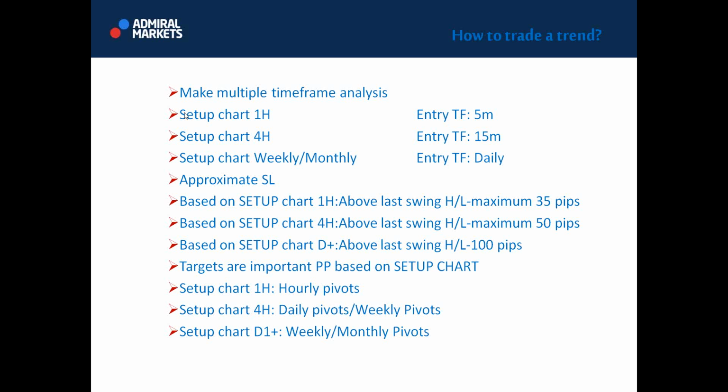And I use, of course, hourly pivot points plus 5, 6, 7 pips above it on swing scalps, and you can use hourly pivot points when purely scalping. So I think that this is also very important for you to know. Setup charts, entry time frames, and targets and stops based on a trend trades.